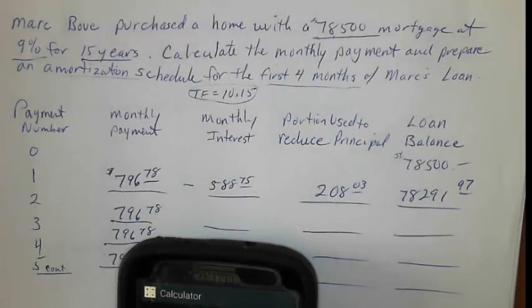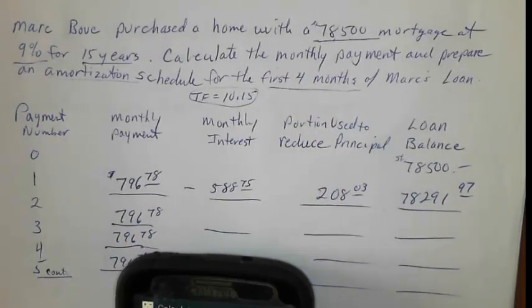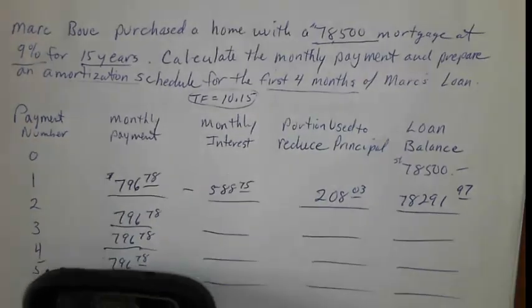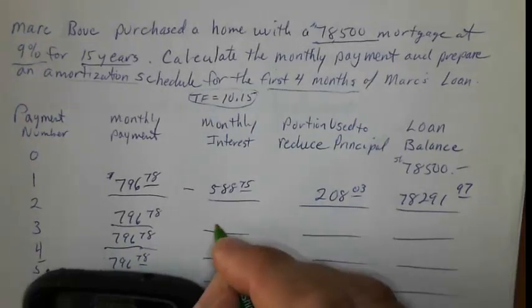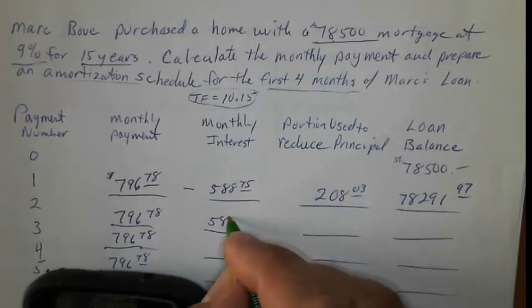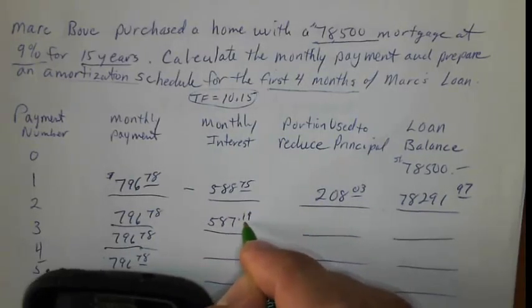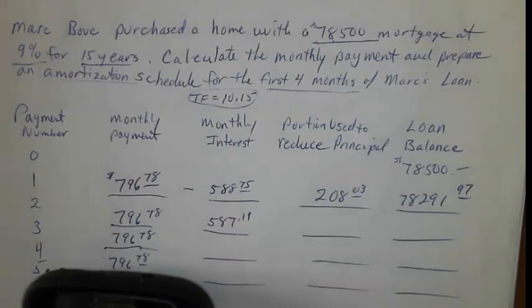Okay. So we use that number times 0.09 divided by 12. Okay. So our interest is a little less. And of course, they're going to round up. Okay. And we would subtract.